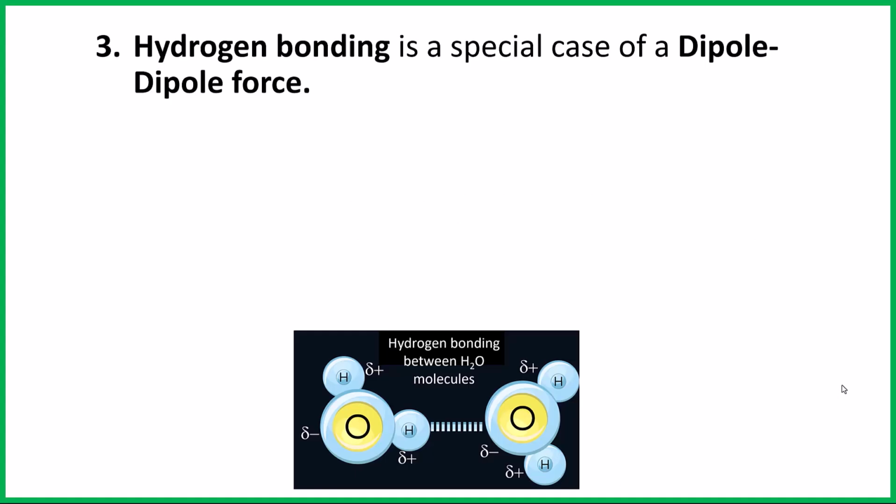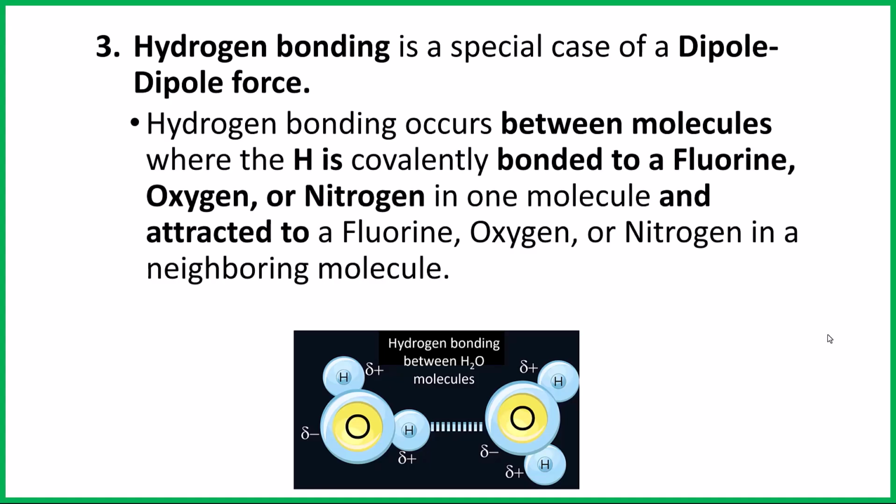Hydrogen bonding is a special case of a dipole-dipole force. It occurs between molecules where hydrogen is covalently bonded to a fluorine, oxygen, or nitrogen in one molecule and attracted to a fluorine, oxygen, or nitrogen in a neighboring molecule. I alluded to this before. Water molecules definitely show a type of hydrogen bonding, because the hydrogen is covalently bonded to a fluorine, oxygen, or nitrogen, which have very high electronegativity values.